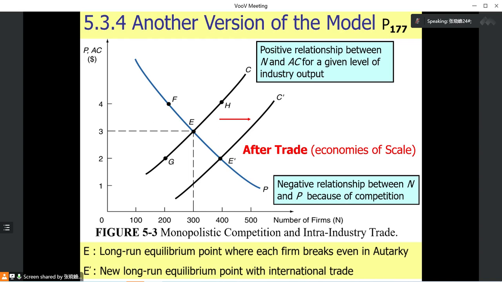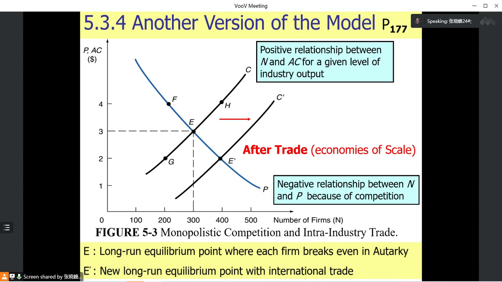We can find AC and N given the industry relationship. After trade, economies of scale. Here is the negative relationship between N and P because of the competition, which lowers the price, E dot.